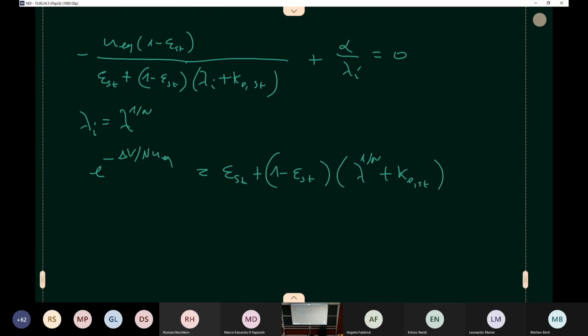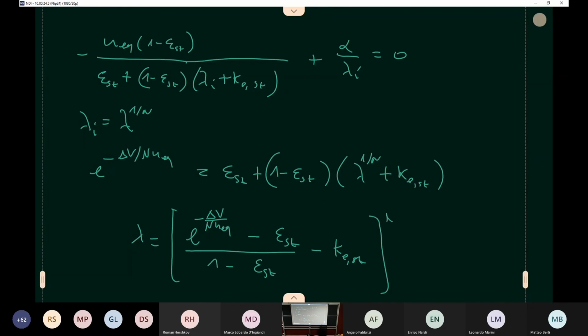And this is what is obtained just considering that expression of delta V. I obtain from here the value of lambda, which is e to the minus delta V over n u_eq, minus epsilon over 1 minus epsilon, minus k_E, to the power n.